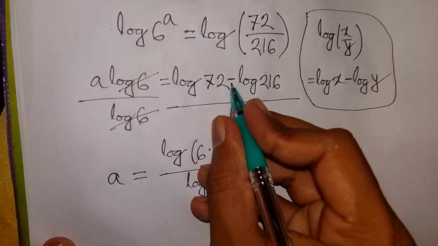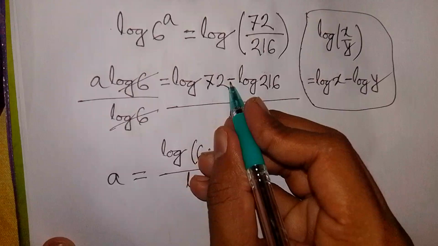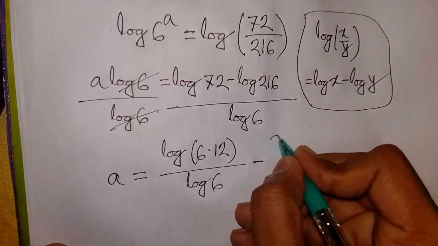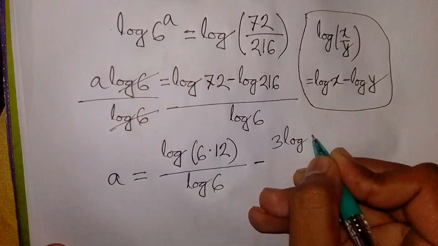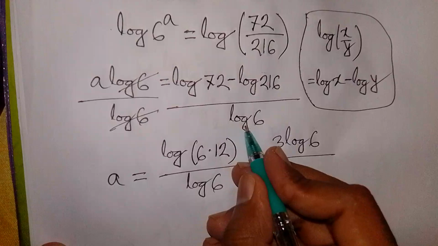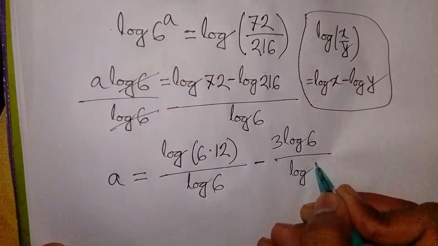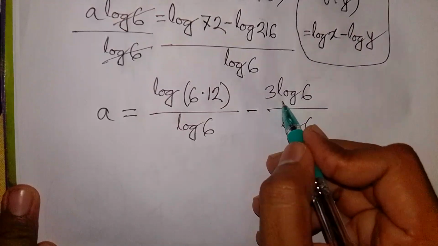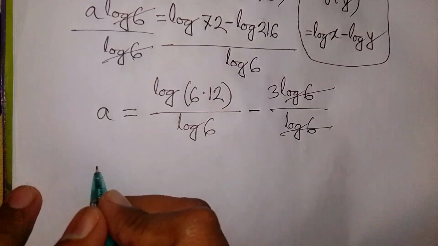Then subtract log 216, which can be written as 3 log 6, over log 6. Now this log 6 will be cancelled.